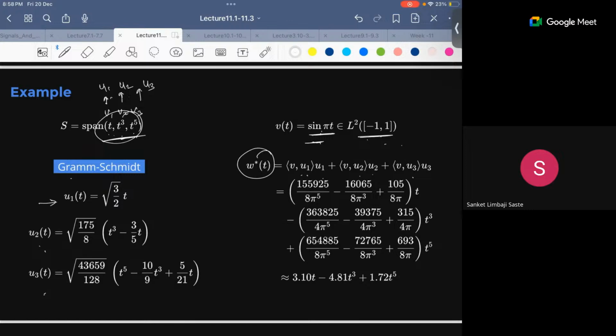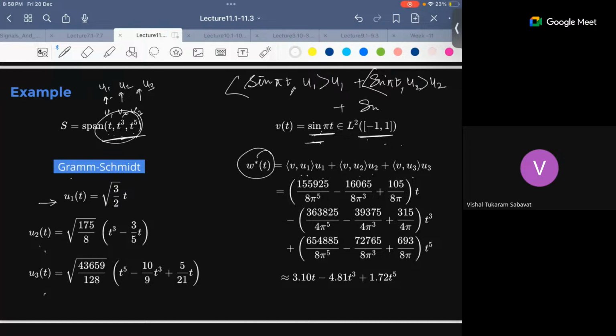For that you are using this concept. The concept is pretty much the same as what we were using earlier. Here, whatever vector or signal has been given, sine of pi t, you take the inner product, not the dot product, with u1 in the direction of u1, plus sine of pi t with u2 in the direction of u2.